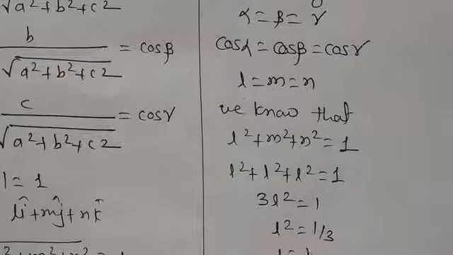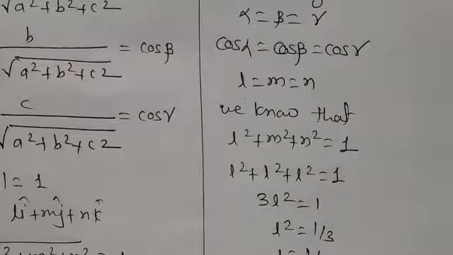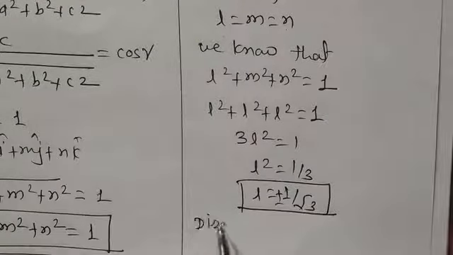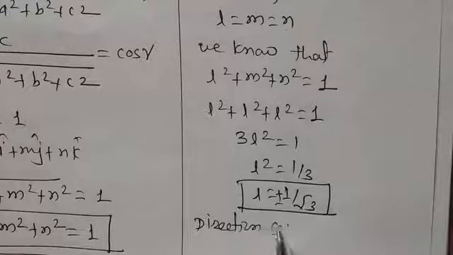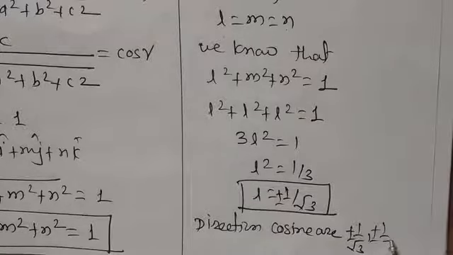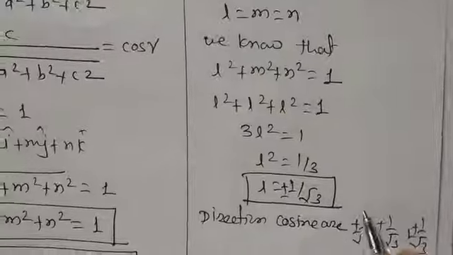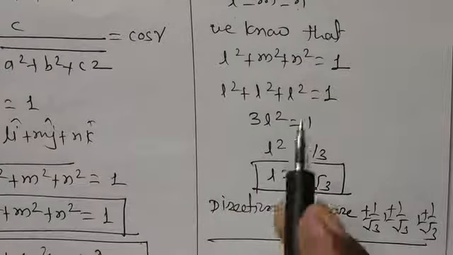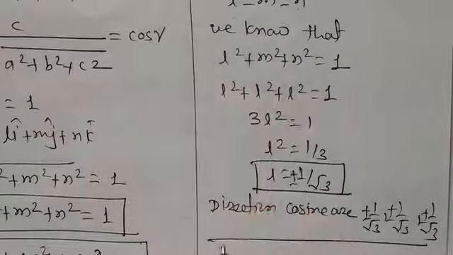L is equals to plus minus 1 by root 3. Then direction cosines are plus minus 1 by root 3, plus minus 1 by root 3 and plus minus 1 by root 3. This is the direction cosine. You can find it easily using the fact that the direction cosines are equal.